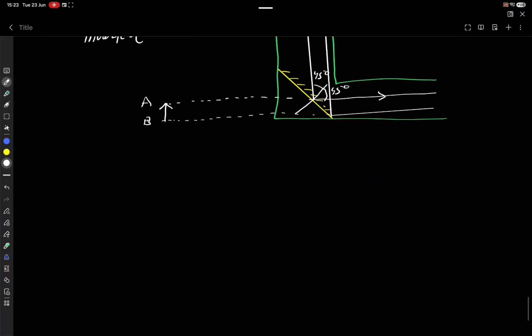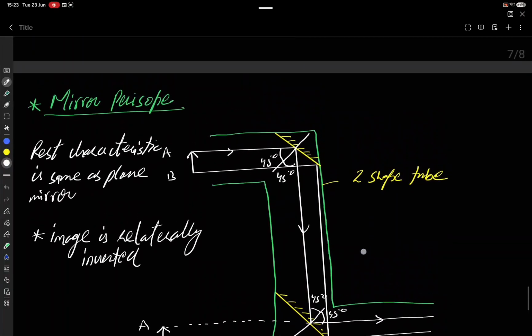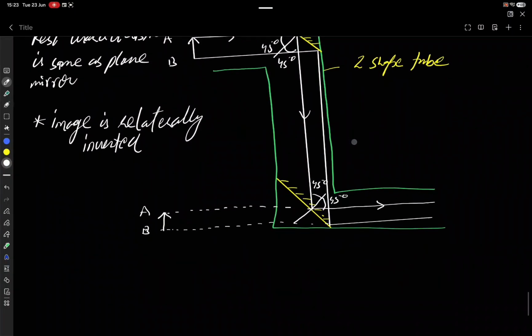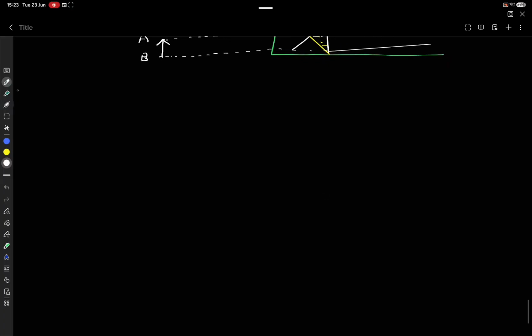Okay, blind corner video, I will attach the video in the notes. In the blind corner, you will see how the image is formed. The next application is the blind corner.